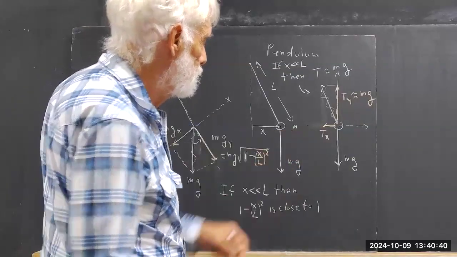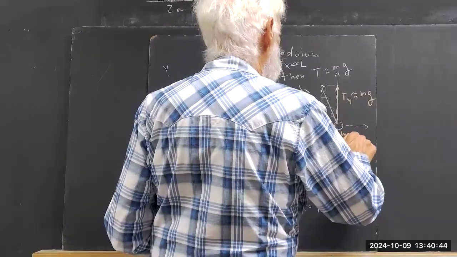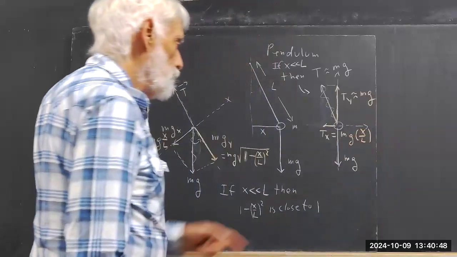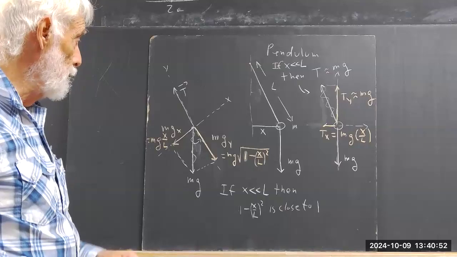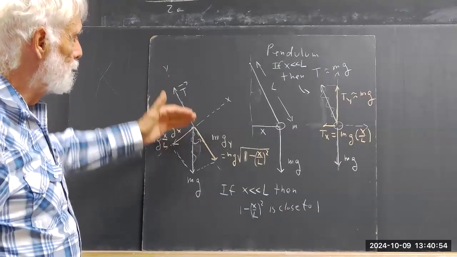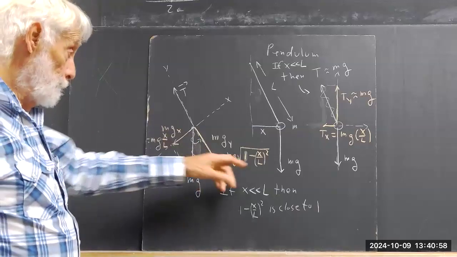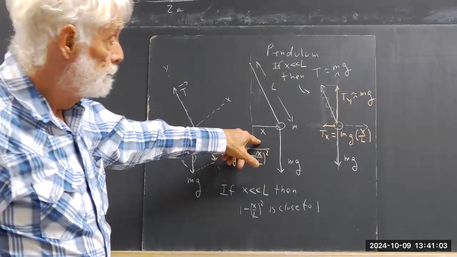And our Tx is going to equal mg times x over L, same as it did when I had the coordinate system this way, because the coordinate system isn't really tilted very much. You don't have to tilt it much if x is small.